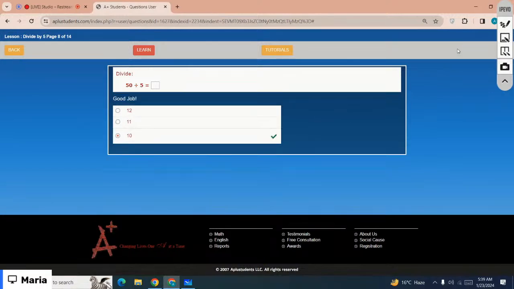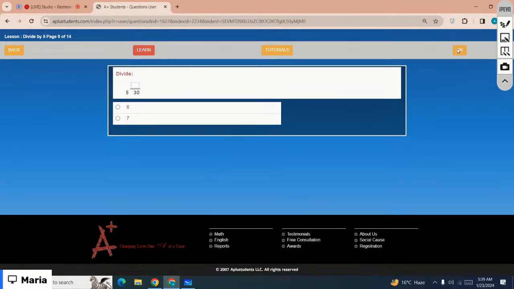The correct option is 10. 30 divided by 5 equals very good. 5 times 6 makes 30.